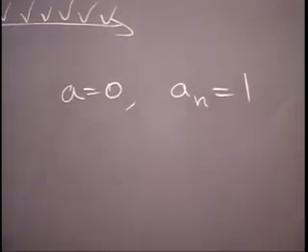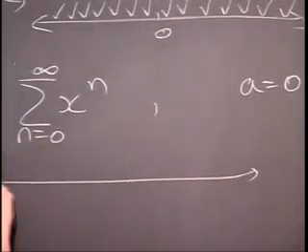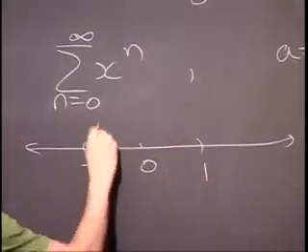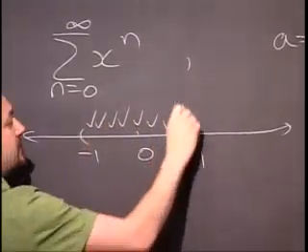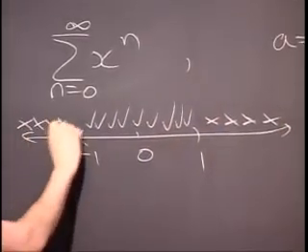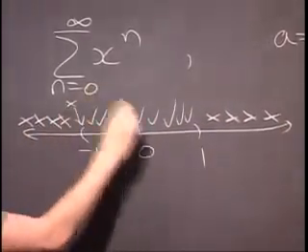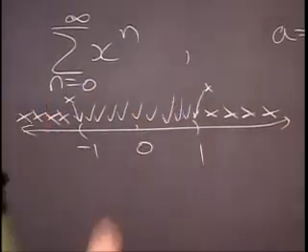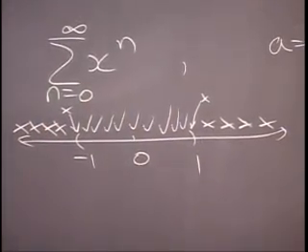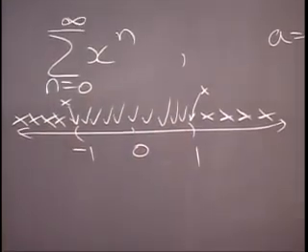We've decided this only converges between minus 1 and 1. It diverges outside, and also this particular one diverges at these endpoints here. So I'm taking special care to indicate that it diverges.